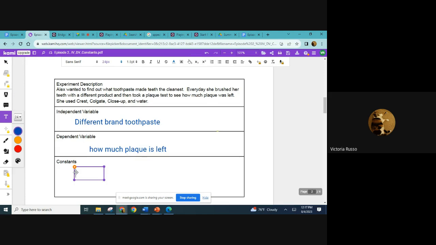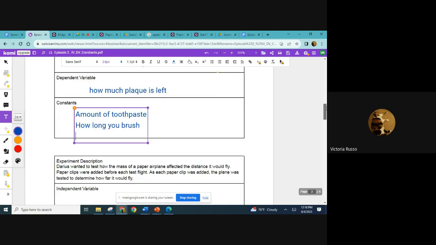So the only thing you want to affect how clean your teeth get is the brand of toothpaste that's used. Some things that you might want to do the same are the amount of toothpaste, how long you brush, what else?